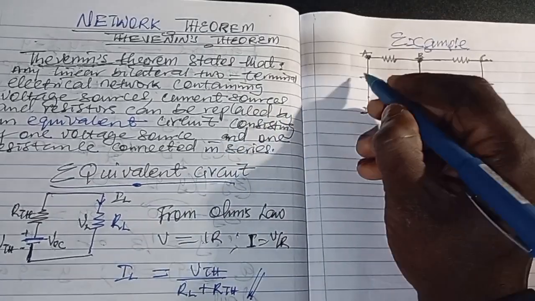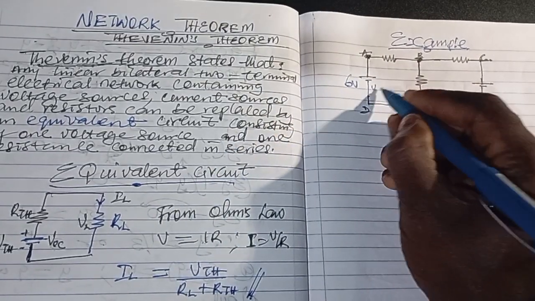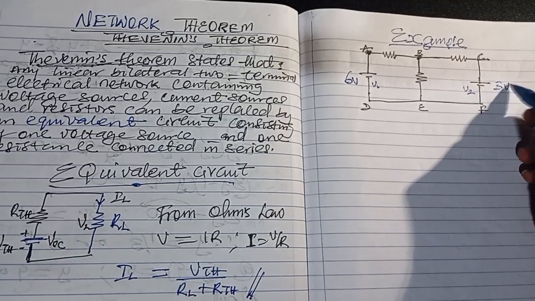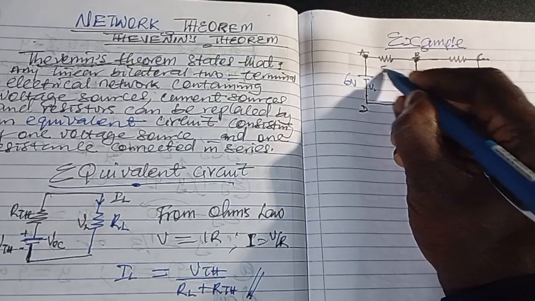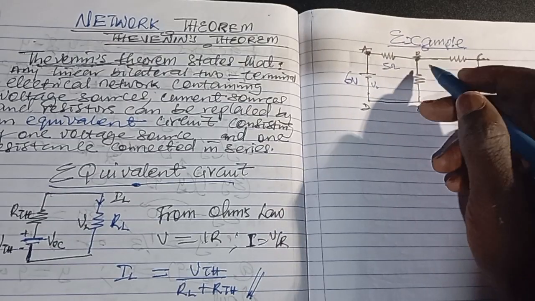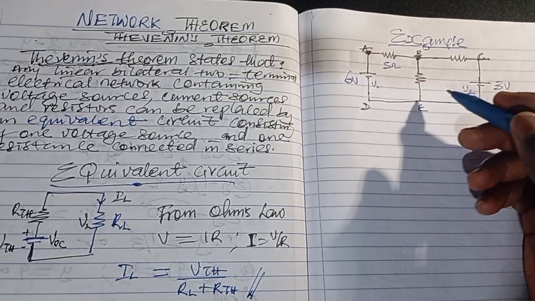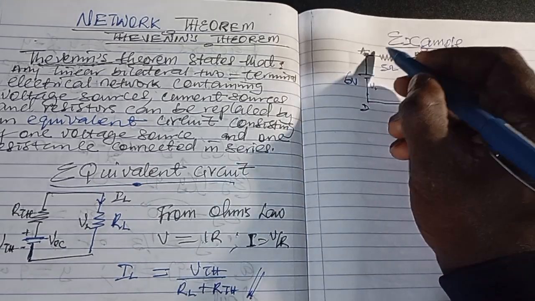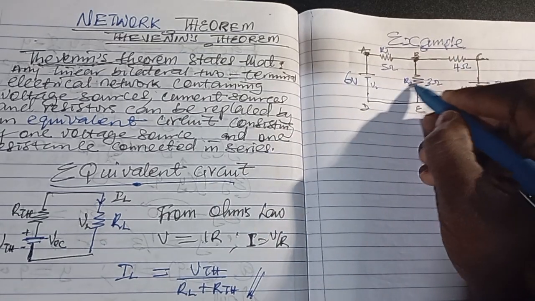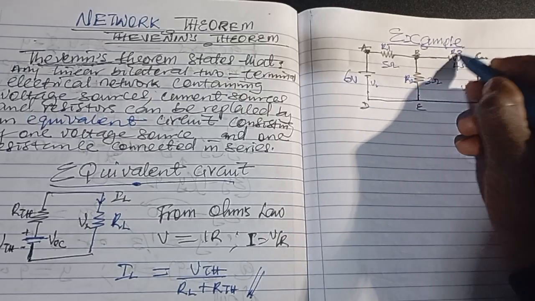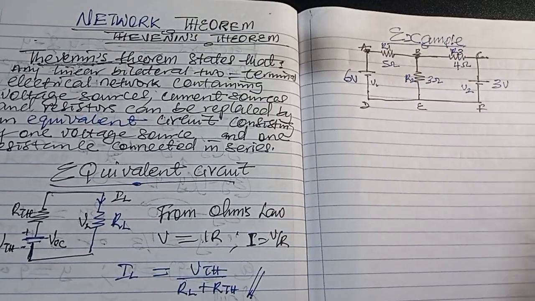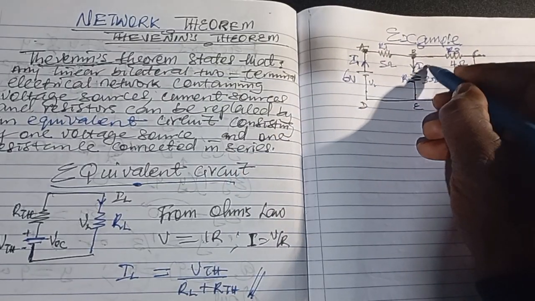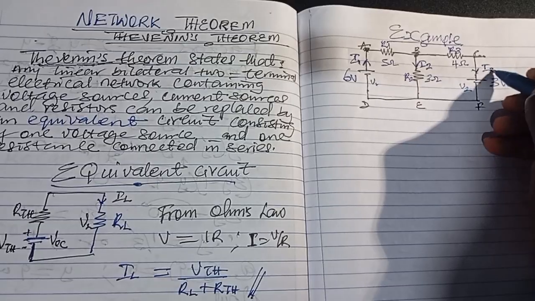Now let's solve an example. Let's say we have 6 volts here. We can call it V1. Here is our V2. And over here, let's use 3 volts. From here, we can use 5 ohms here. Ordinarily, we can use 3 ohms here, and let's use 4 ohms, so that here can be our R1, R2, and this should be our R3. Now, if this is I1, let's consider here as I2, and here as I3.